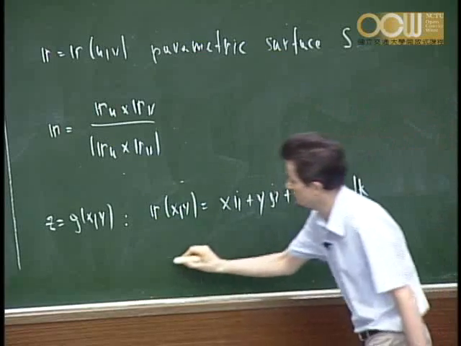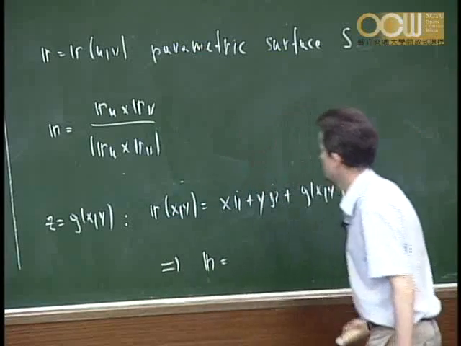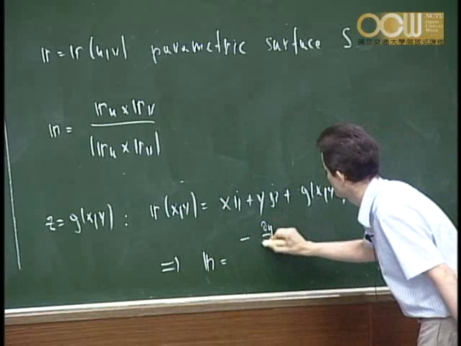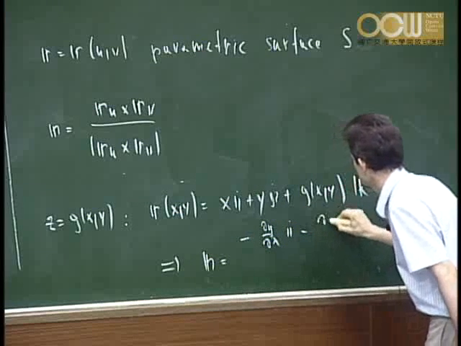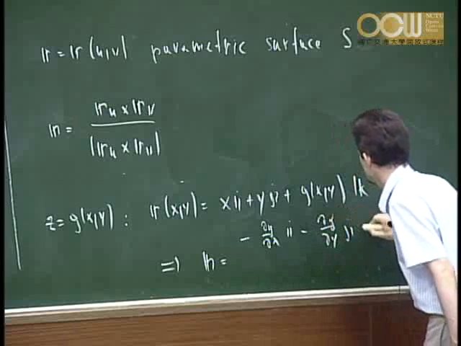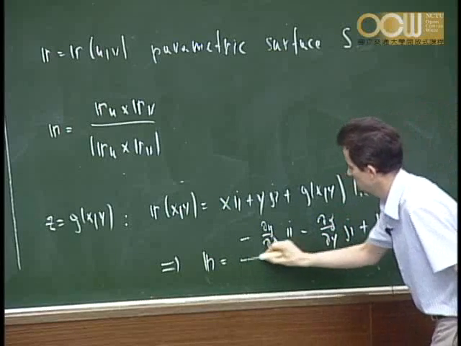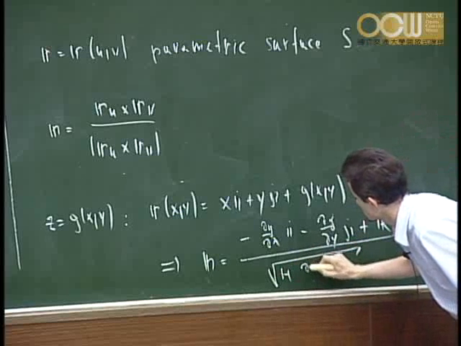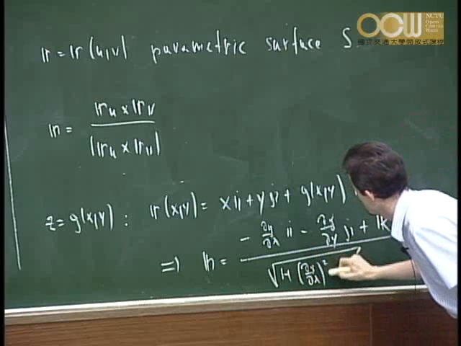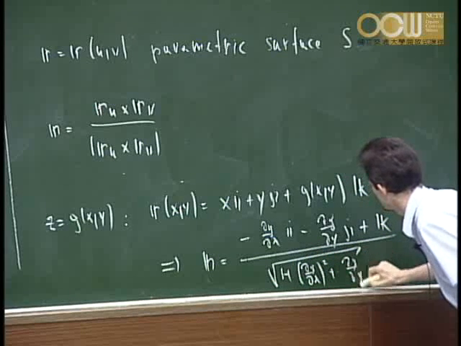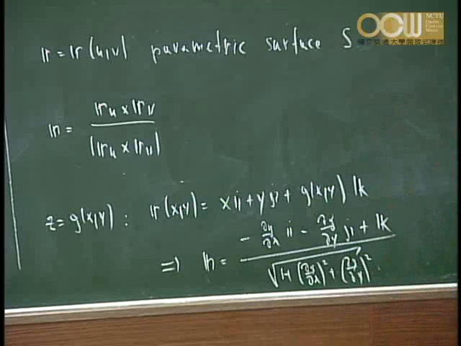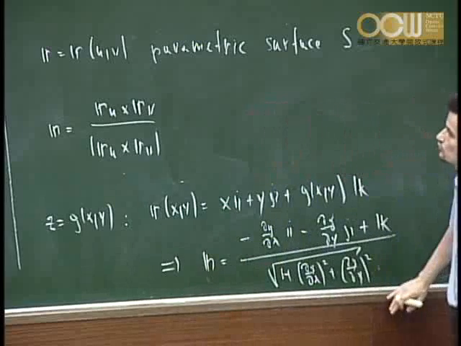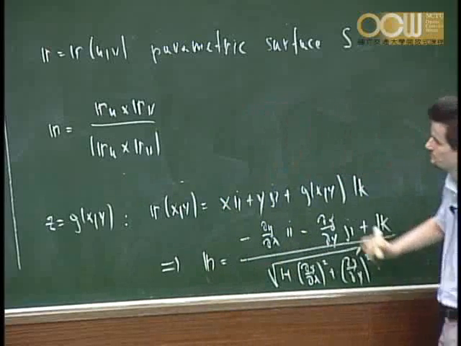Then you see that this n is given by, as I computed before, the partial derivative of g with respect to x i minus the partial derivative of g with respect to y j plus k, over the square root of 1 plus the partial derivative of g with respect to x squared plus the partial derivative of g with respect to y squared.